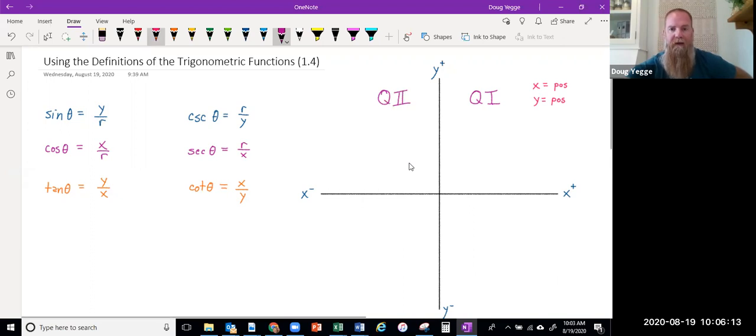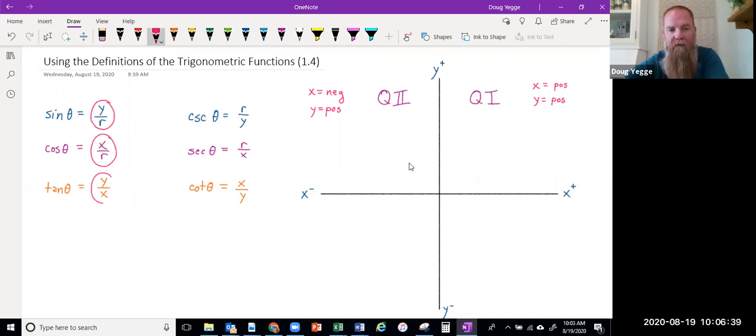Now we should realize that x is going to be negative in quadrant 2, while y is going to be positive because it's above the x-axis. So now if we take a look at each of these ratios individually, we should realize first of all that y over r will be positive, but x over r will be negative and y over x will also be negative.